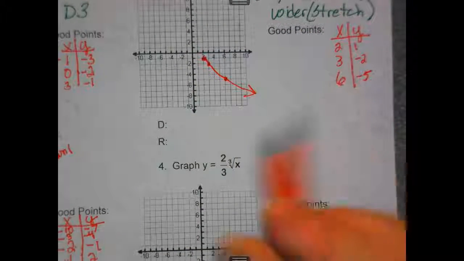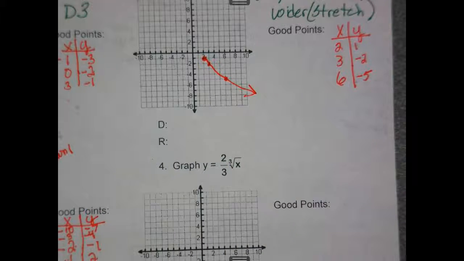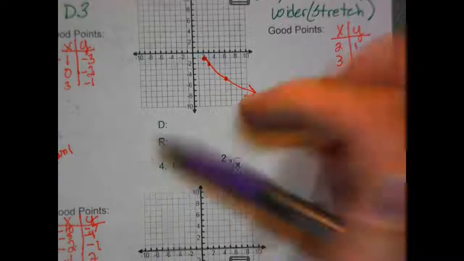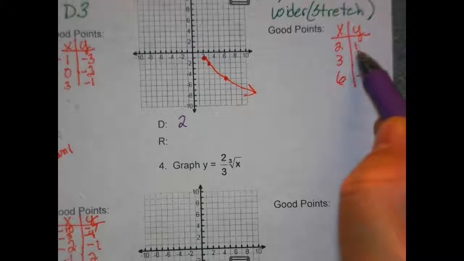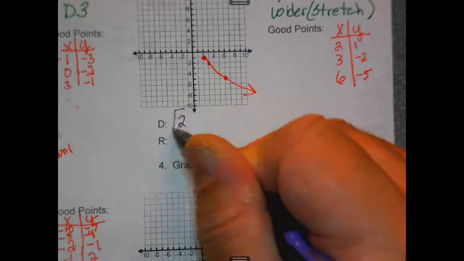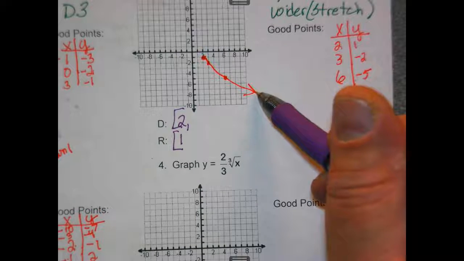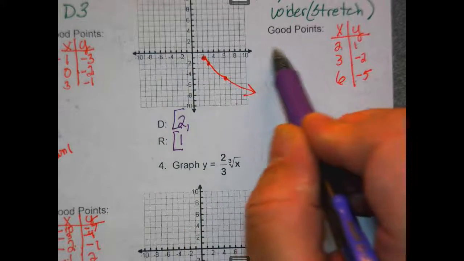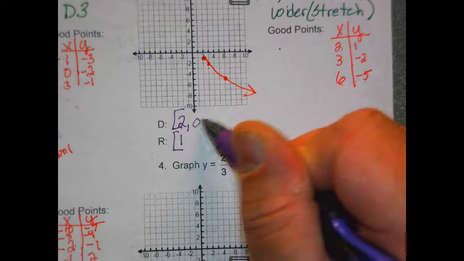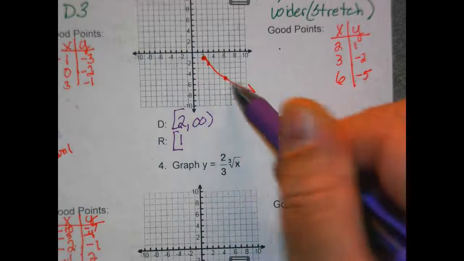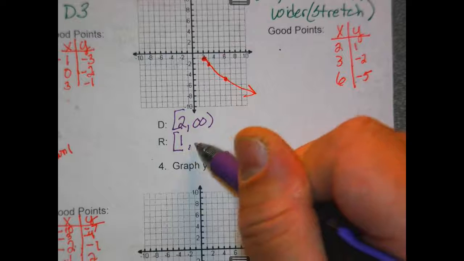Again, our h is 2 for the domain and range. Our h is 2. Our k is going to be 1. And for the x, it goes to positive infinity. For the y, it's going to go negative infinity.